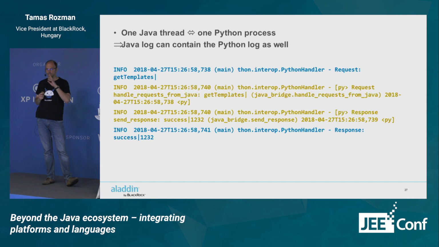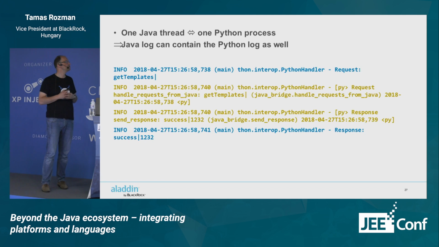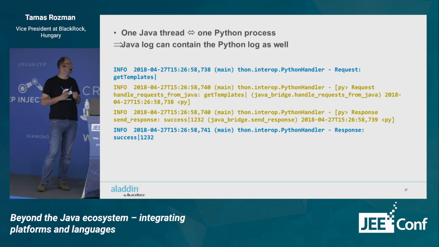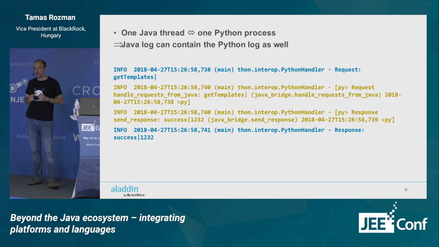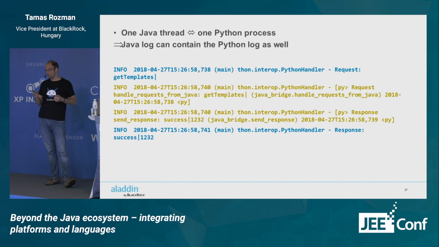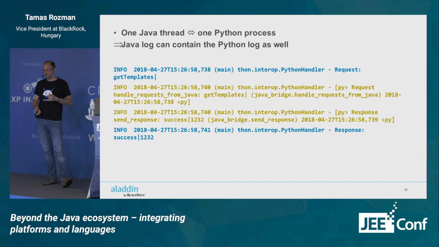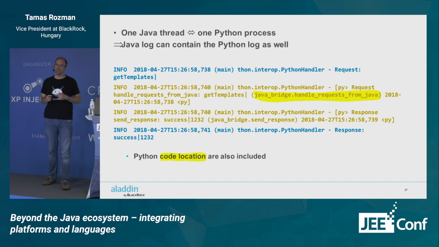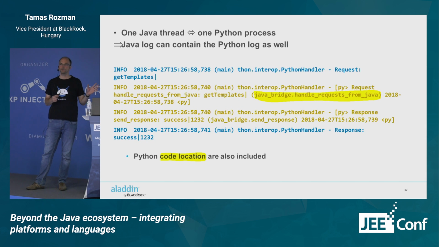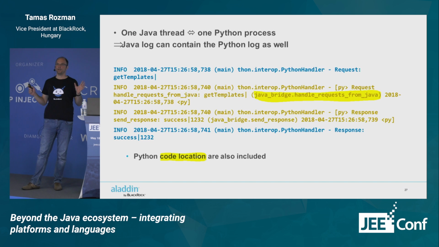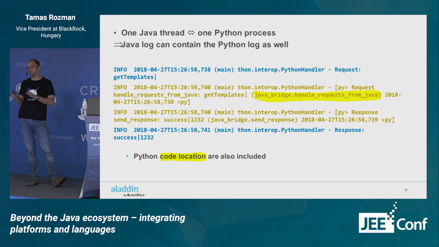This is an example. So you see in blue the normal Java log, and the yellow ones are actually from Python. And it's pretty much similar to the Java one. We added two things. One is that obviously the Java log will contain the Java location, so we need to parse the Python log and add the Python location as well for reference.